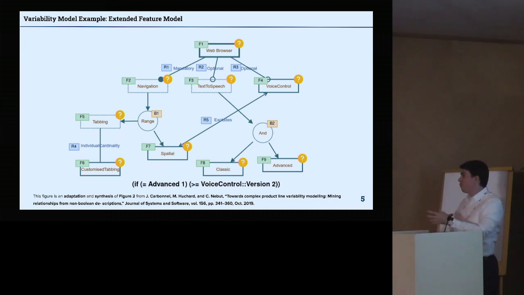You can also have one-to-many relationships with the little circles. There you can have multiplicities, as if you were in UML. You could say, I want to have one of the following three features, for example. We can also add arbitrary logical constraints that connect any number of features, and that's what you see at the bottom. We can even think about attributes of features. But for now, this is just an example, and we're going to look at this more and more in depth.